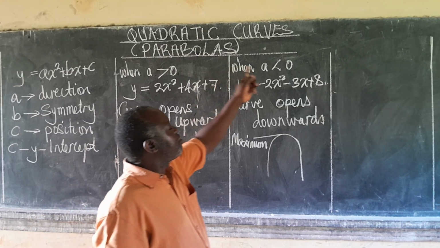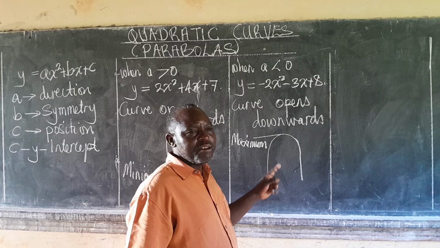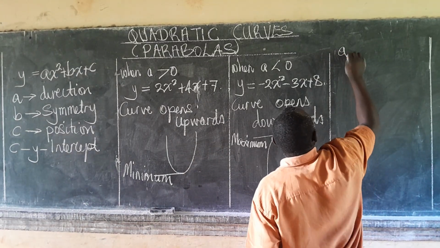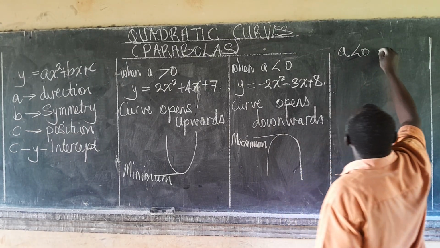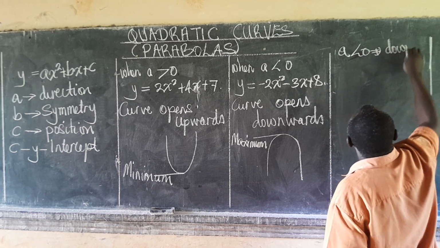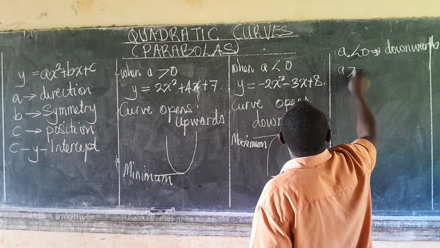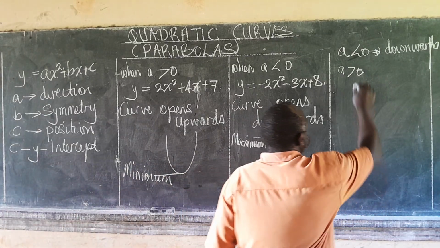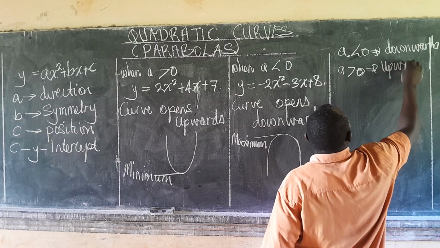When A is less than 0, what you get is the maximum, and the curve opens downwards. Therefore, in brief, when A is less than 0, the curve opens downwards. When A is greater than 0, the curve opens upwards.